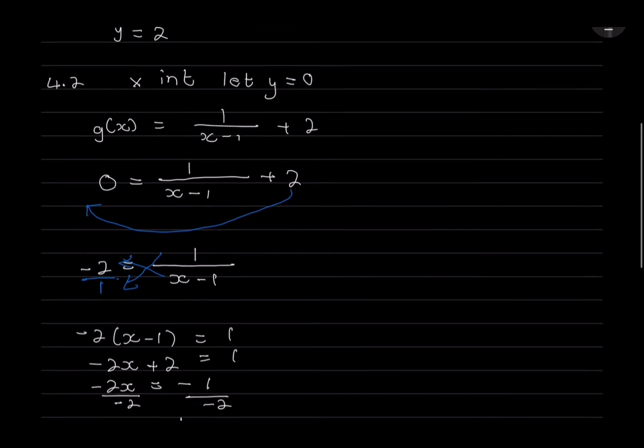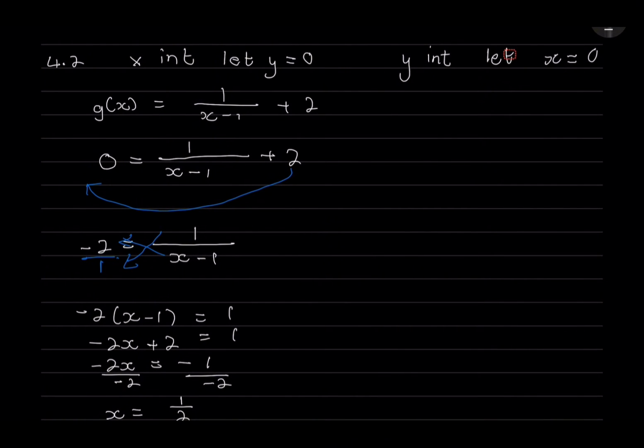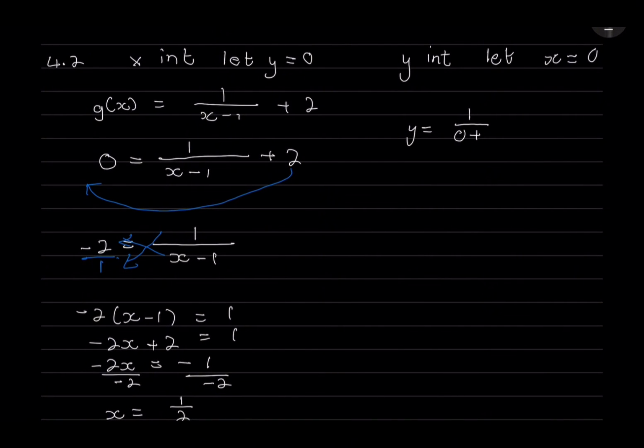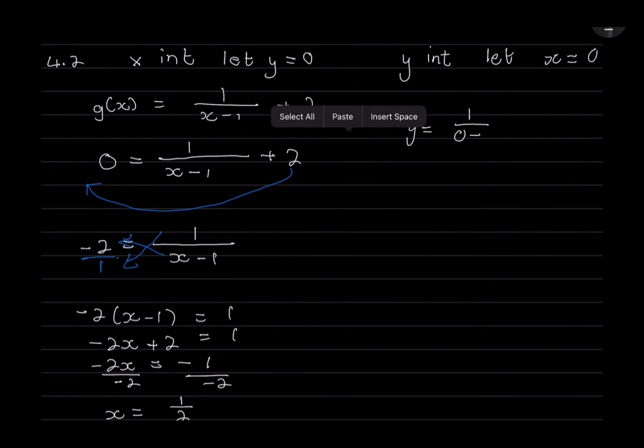Now we want the y-intercept. We're going to let x equal to 0. Same thing, taking this graph, we say y equals 1 over 0 minus 1 plus 2.